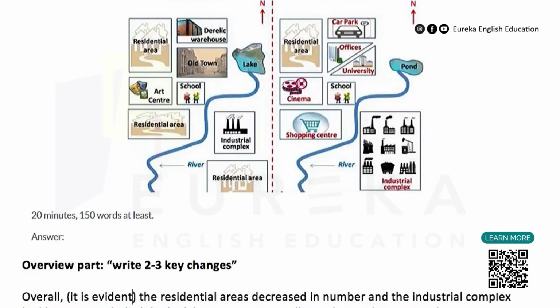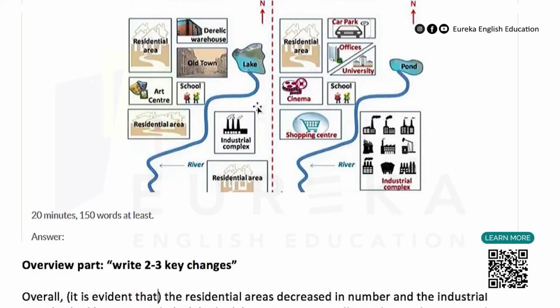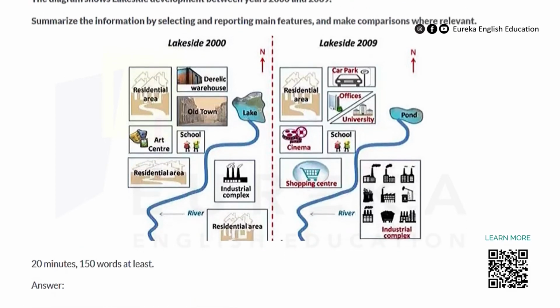It is evident that the residential areas decrease in number, and the industrial complex had been expanded, it was getting bigger, while the lake was getting smaller and turned into a pond. So this could be our overview for today's question.